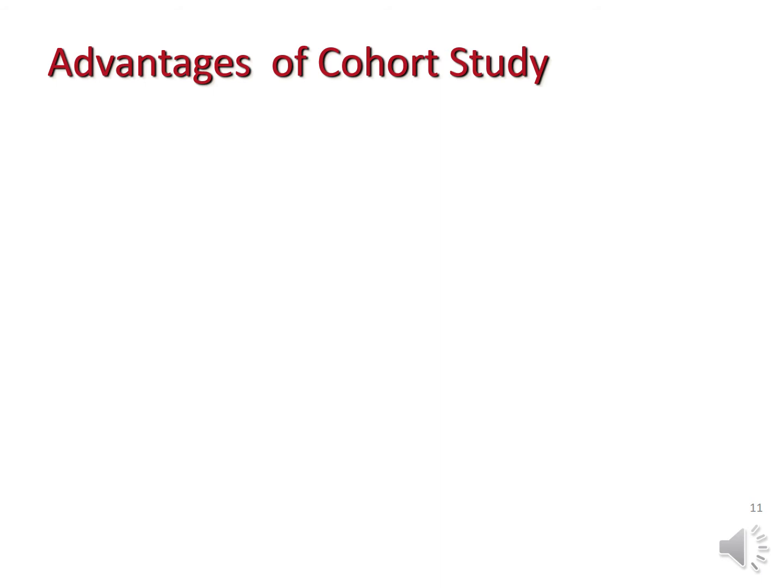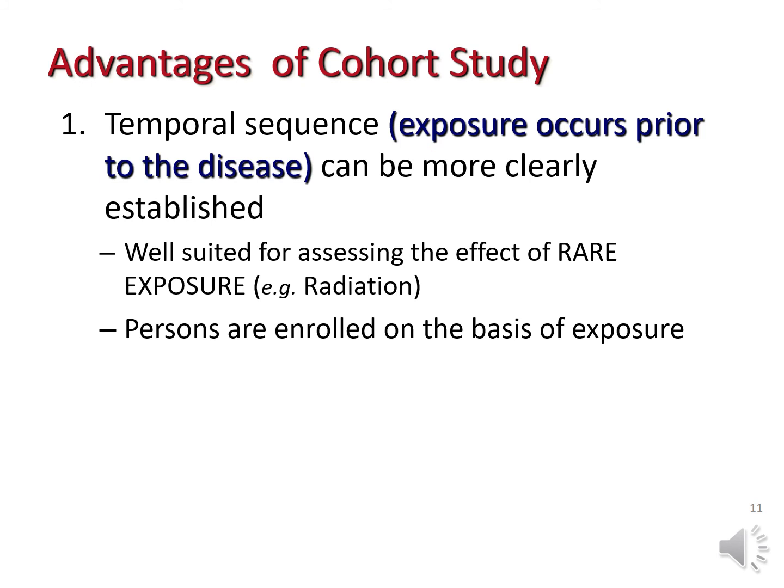Let's focus on advantages and disadvantages of cohort. First, advantages. Always start with the positive aspects. Number one advantage is temporal association or temporal sequences clearly established in this design. Why? In cohort study, we select subjects on the basis of exposure and observe occurrence of disease.